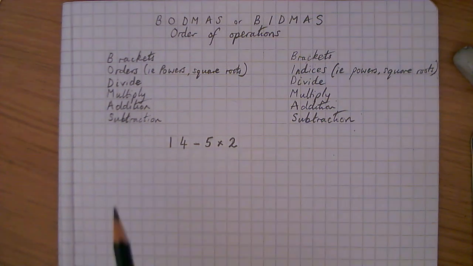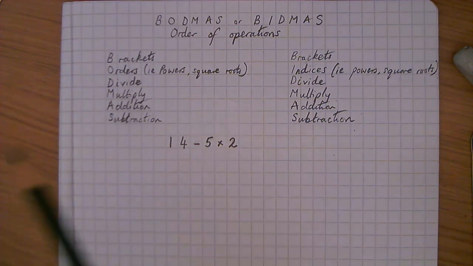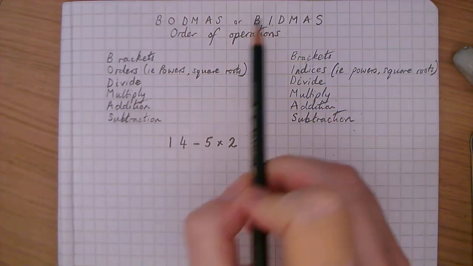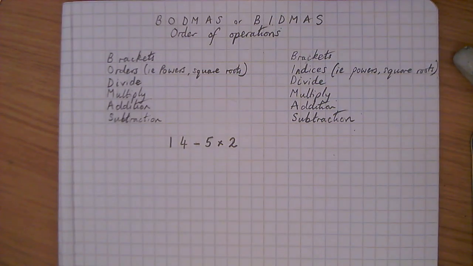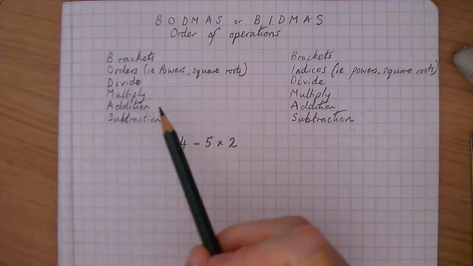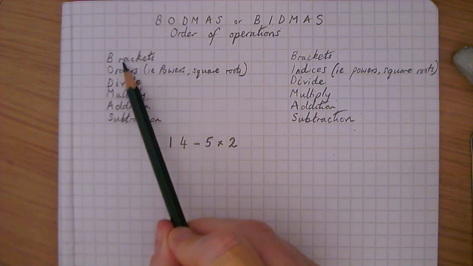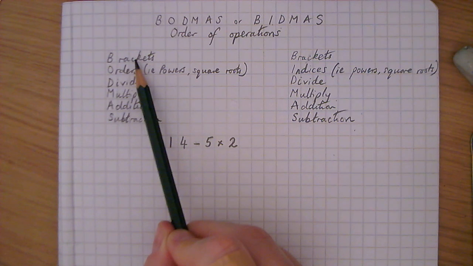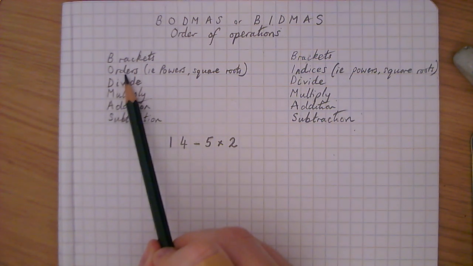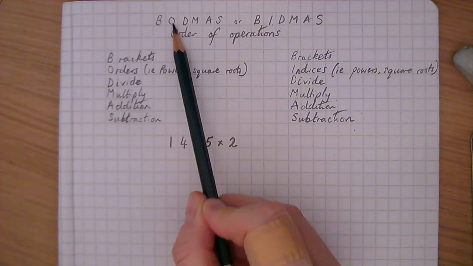So BODMAS and BIDMAS are exactly the same, just the difference is an O here and an I here. So you might hear it as BIDMAS, you might hear it as BODMAS, so I'm just going to talk through both of them. What we do is we do the brackets first, and then we do orders, that's what it's called in BODMAS, or indices.